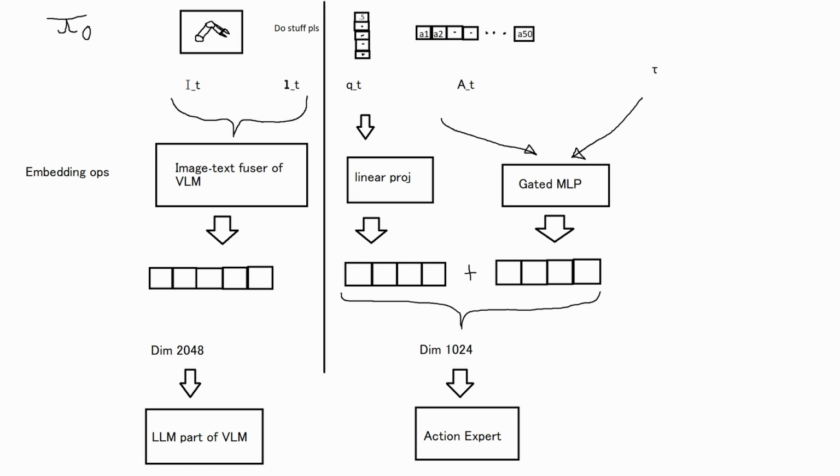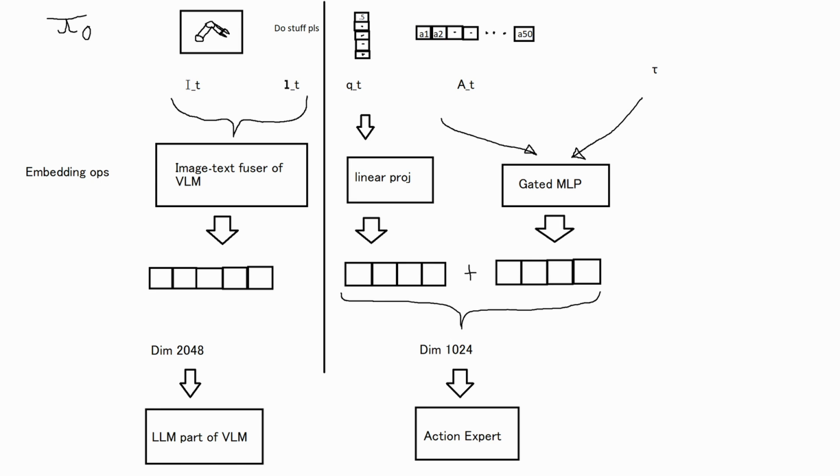The vision language model backbone here does put some constraint on the action expert, mainly in the number of hidden layers that need to be used. Since we are using this vision language model's pre-training, we're going to need to make sure that the action expert uses the same number of hidden layers. But other than that, you get the freedom to choose what the action expert looks like. The action expert is also newly initialized here, so it's trained from scratch.